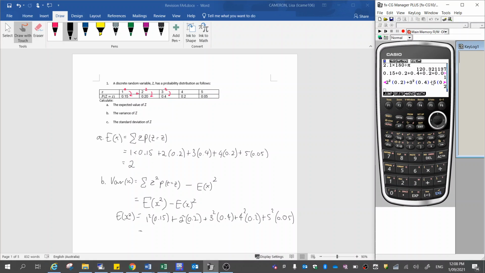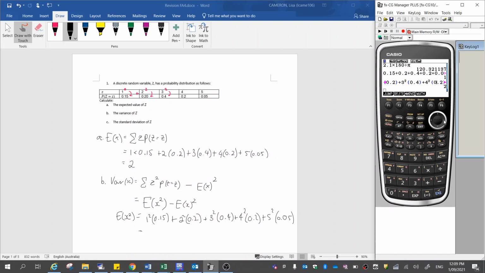Now that I go back through it, I've noticed that I've missed one of the terms. Okay, so then we should have had 4 squared times 0.2 bracket plus, now I'm making mistakes all over the place.